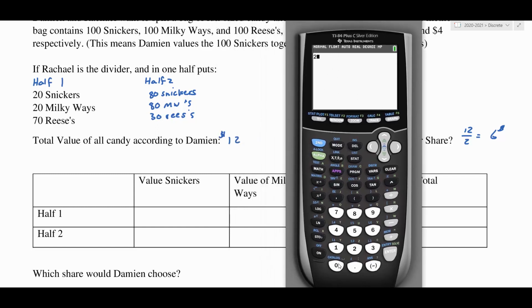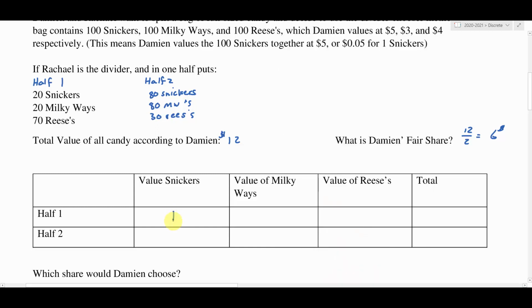So we're going to do 20 times 0.05. We get $1 worth of Snickers. I'm going to say $1 worth of Snickers. Now remember, he valued all of the Snickers at $5, so we can automatically figure out that the value of the Snickers in half two has to be $4, because the total value of the Snickers, according to Damien, was $5.